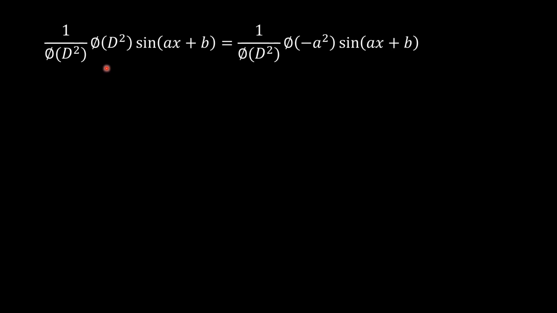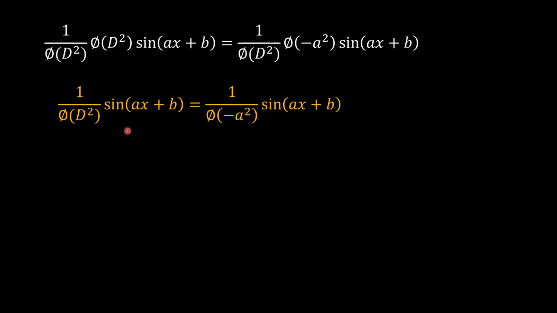So this phi of D square will get cancelled, and we will divide on both sides by phi of minus a square, assuming that it is non-zero. Therefore the simplified expression will be 1 upon phi of D square of sine of ax plus b is equal to 1 upon phi of minus a square of sine of ax plus b.